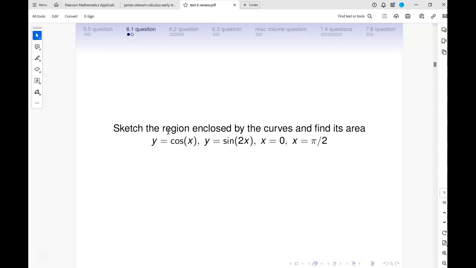You should use your calculator on this. This would be a calculator problem. See at the top? It tells you what section we're in. Isn't that cool?